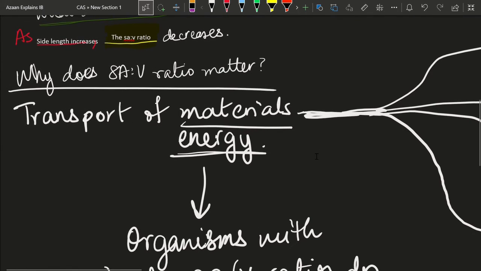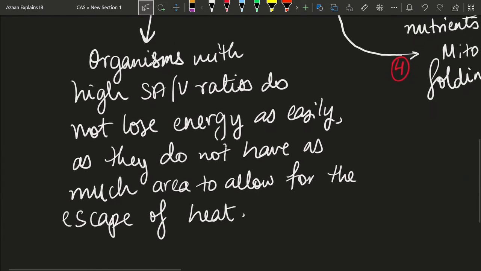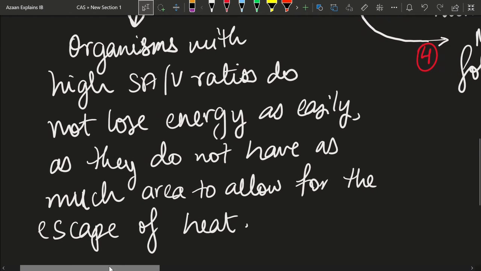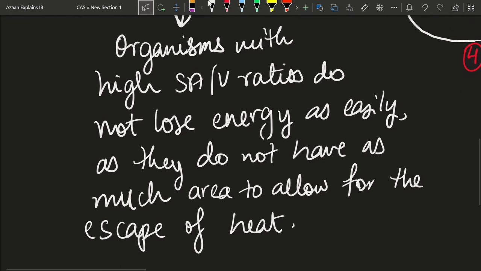So why does this matter? Because of the transport of materials and of energy. With energy, it's more specifically to do with heat and body temperature. Organisms with a low surface area to volume ratio do not lose energy as easily, as they do not have as much area to allow for the escape of heat.